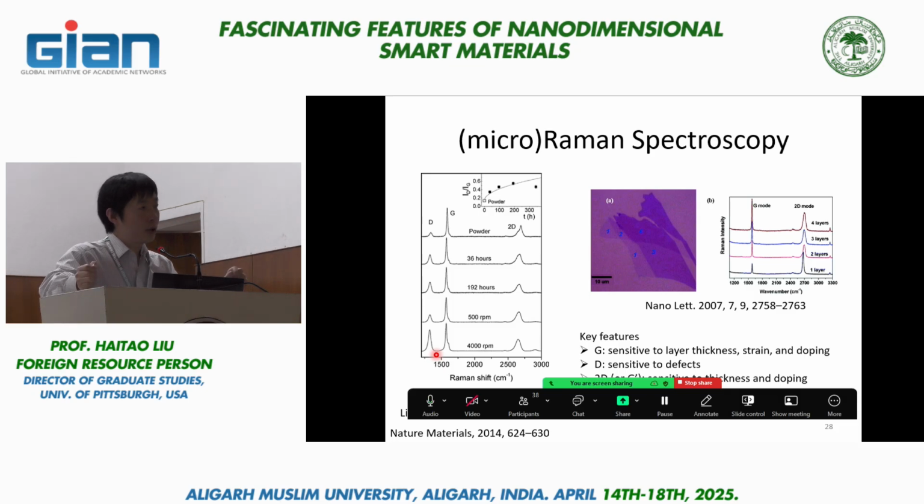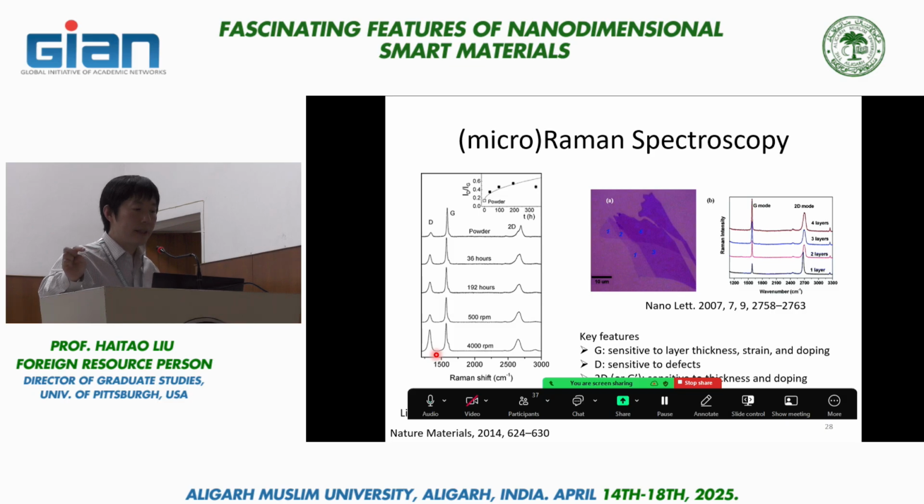So this mode would only be possible if you have a defect embedded in the lattice, which will break the symmetry and make the ring breathing mode a possibility. So having this peak show up is an indication of structural defects in the graphene structure. That can be an edge, a point defect, a 5-member ring instead of a 6-member ring, and so on and so forth.